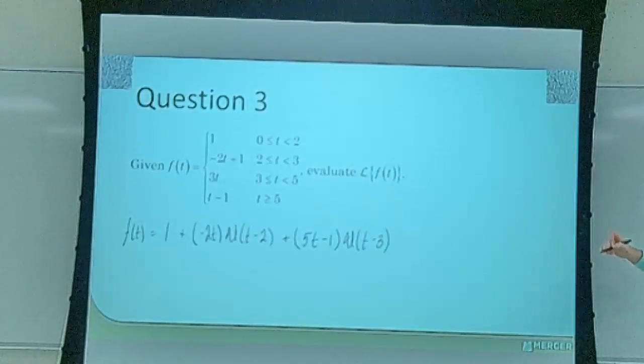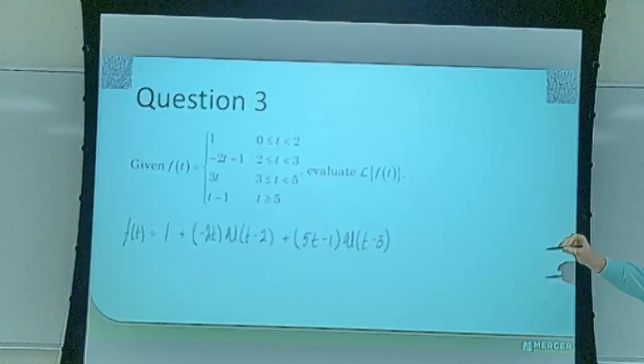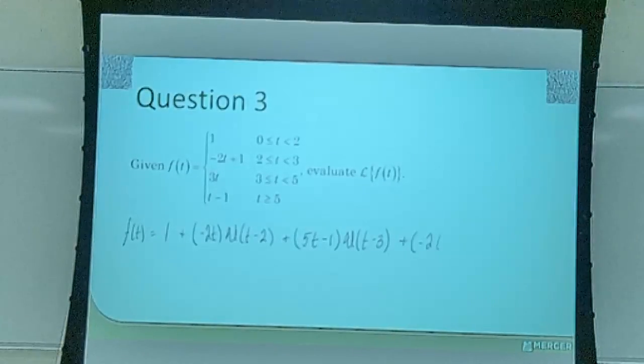Right, again, it's t minus your breakpoint between the pieces. Plus f4 minus f3. T minus 1 minus that 3t. Times the step function at t minus 5.